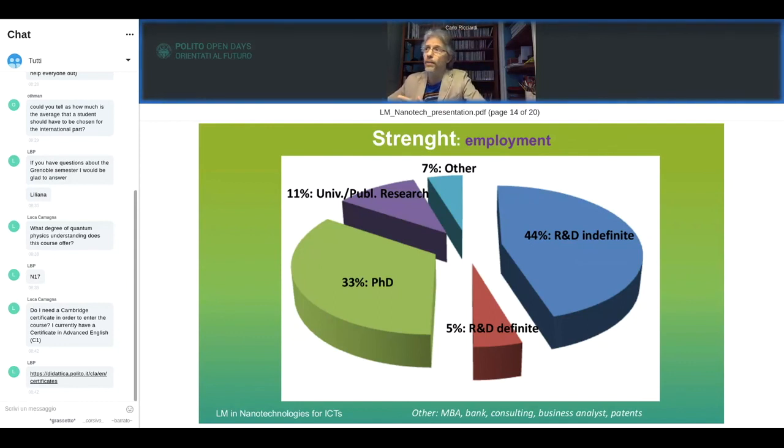So I mean, it is an option, obviously, but I think in this research and development, high-tech world, it is a good option that you maybe should take into account. There are also others like people that are then moving on to MBA, consulting, patent, and things like that.